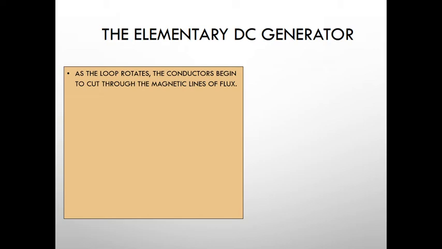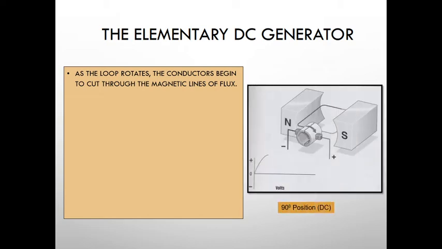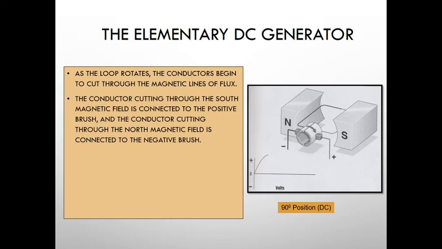As the conductor begins to cut through the magnetic lines of flux, it starts to rotate. So at 90 degrees, the conductor cutting through the south magnetic field is connected to the positive brush. So positive brush. Okay?